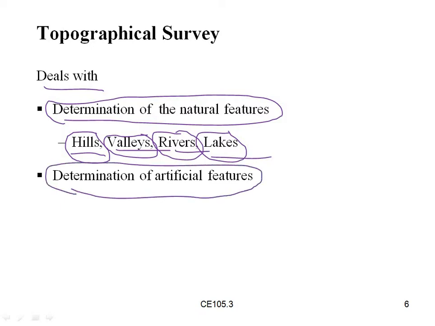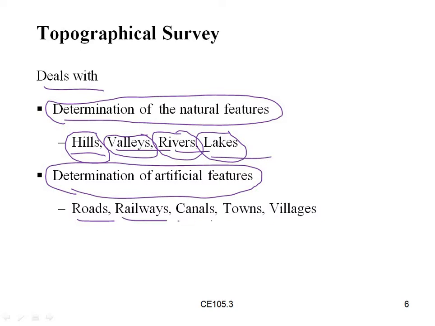We will be determining the artificial features. What are the artificial features? We can find roads, railways, canals, towns, villages. Through topographical maps, for example, in any smartphone you can see GPS maps.